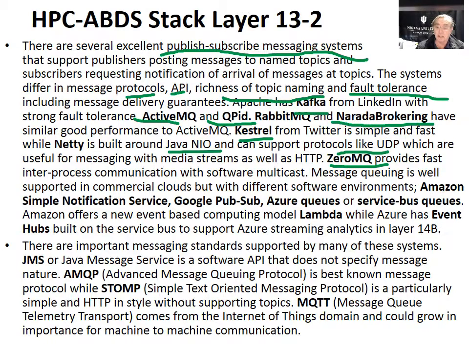And as well as these open source methodologies, we also have the whole set of commercial capabilities from Amazon Simple Notification Service, Google PubSub, Azure Queues, and Azure Service Bus. These are all the equivalent technologies in public clouds.